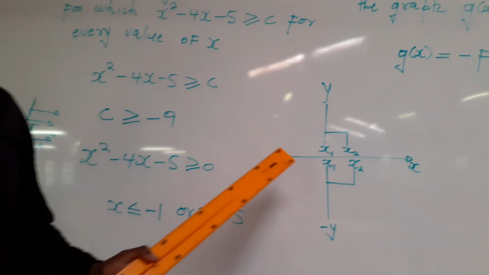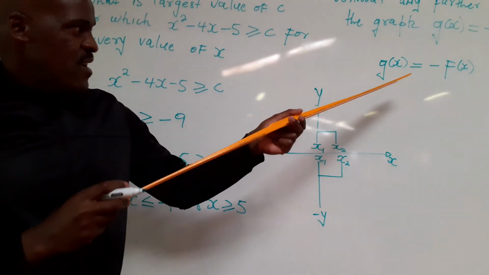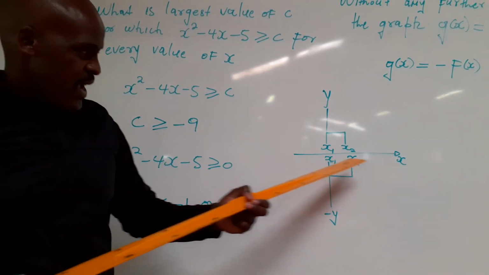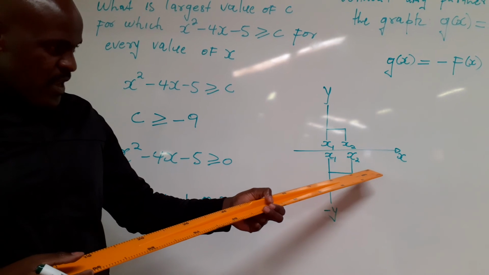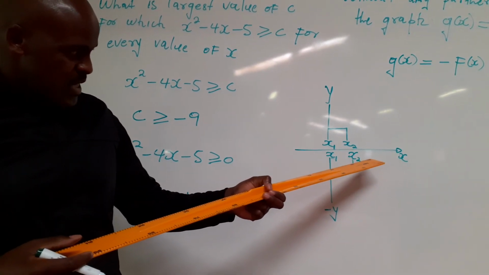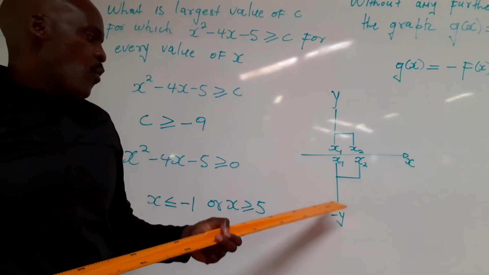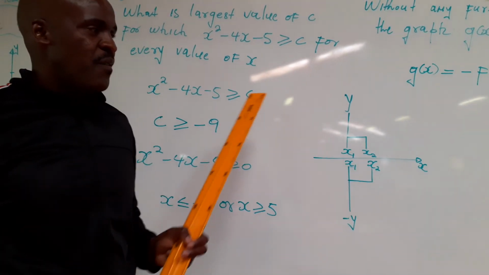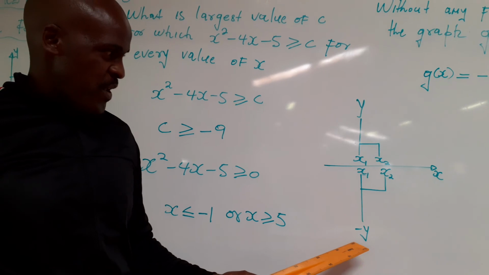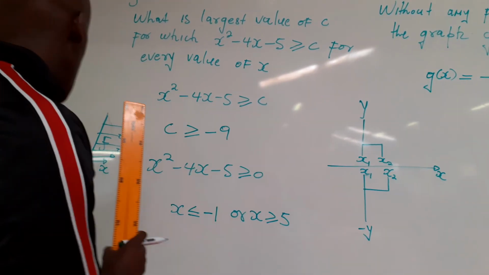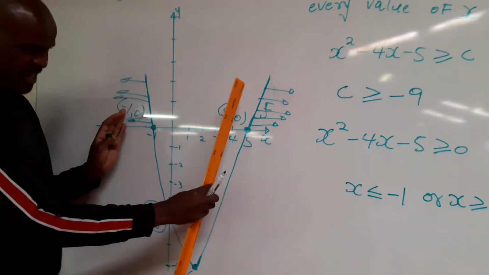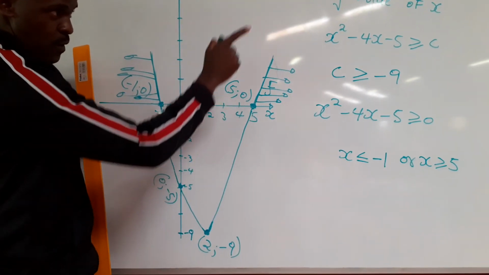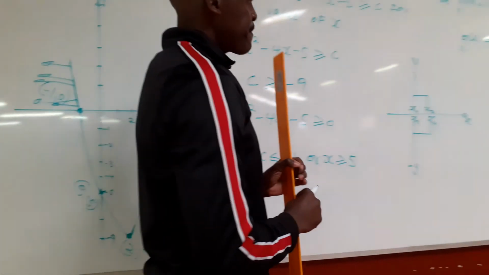In other words, we are reflecting the graph of f about the x-axis. If we are reflecting about the x-axis, y will be affected, but x won't be affected. Only y will be affected. Let's sketch this graph. In other words, we are reflecting this graph about the x-axis to form the graph of g.